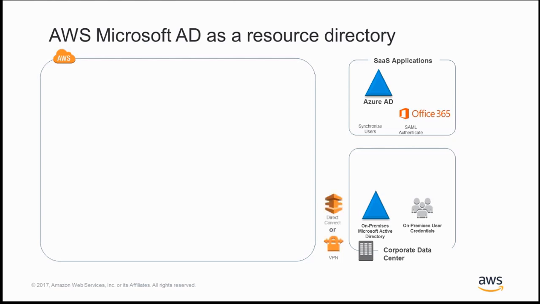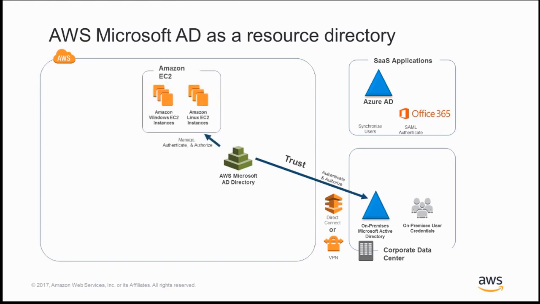If you use a direct connect or VPN connection, you can link your on-premises directory to AWS and create AWS Microsoft AD in the cloud with a trust back to your on-premises network. With the trust in place, you can add EC2 instances to the directory in the cloud, and you can use group policy to manage those instances. And you can also authenticate and authorize applications and people that are using those instances.